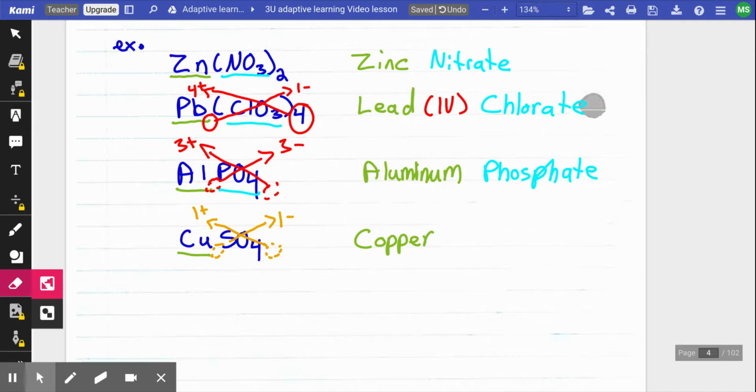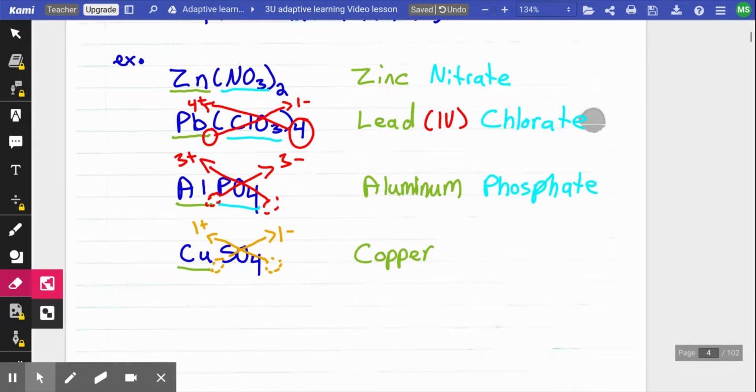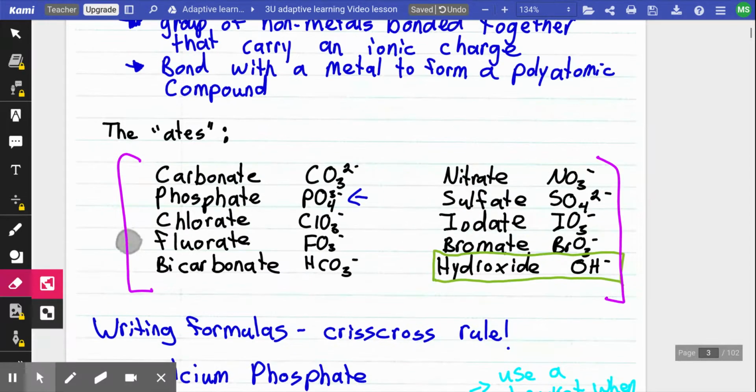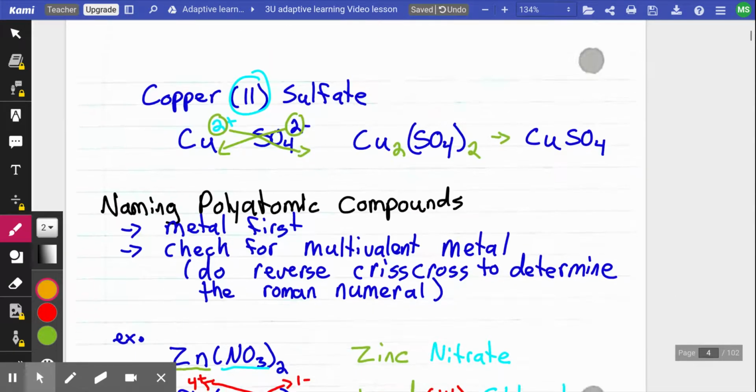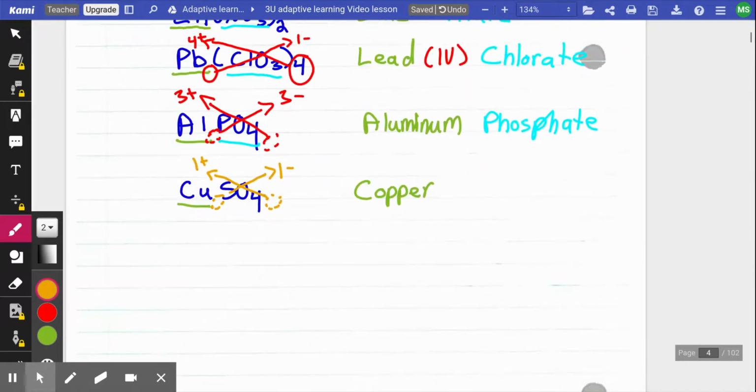So if we do a reverse crisscross, we can see that we have copper with a charge of +1 and a sulfate with a charge of -1. The problem is if we look up here, we're going to see that sulfate actually has a charge of 2 minus. So we have to turn this into a charge of 2 minus.